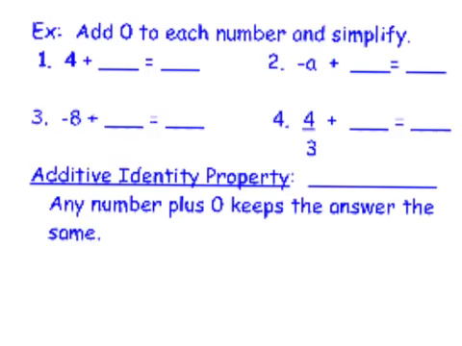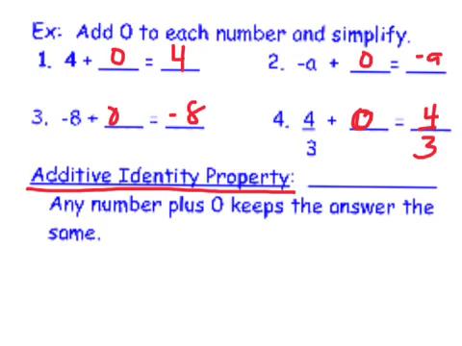Okay, we're going to do some more. Our last property, add 0 to each number. 4 plus 0, guess what? 4. Negative A plus 0, guess what? Negative A. Negative 8 plus 0, guess what? Negative 8. 4/3 plus 0, guess what? 4/3. Oh my goodness. This is the additive identity. Again, identity.